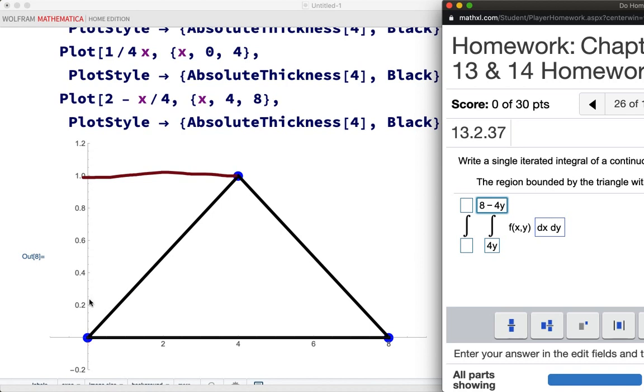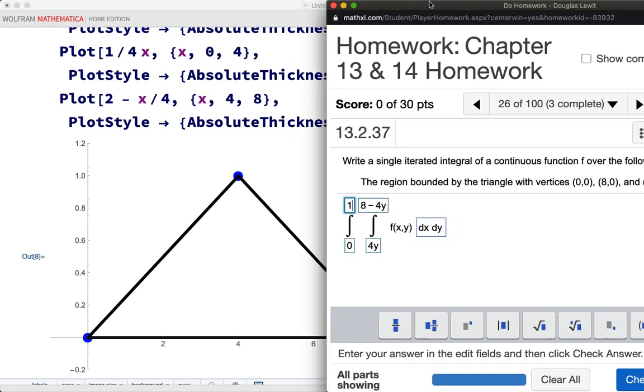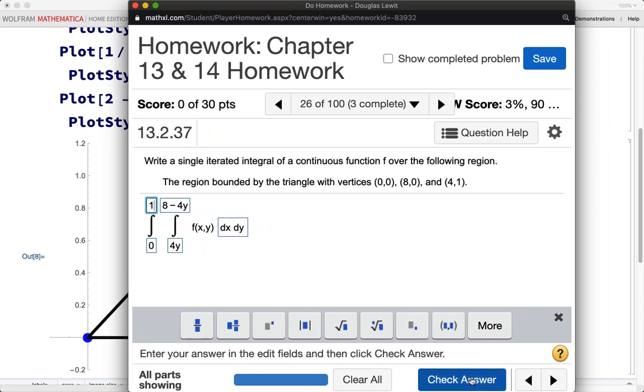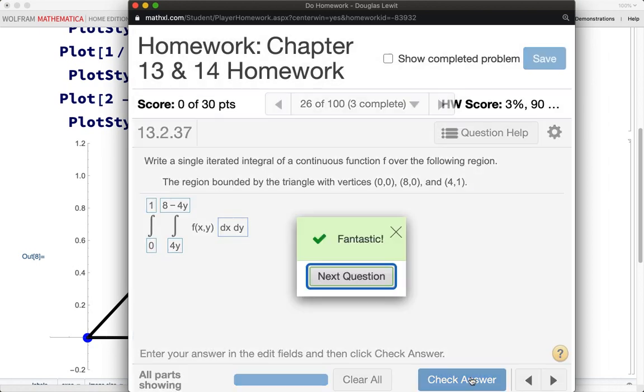Very easy to figure that out. So my lower limit has to be 0, and my upper limit has to be 1. Now let's see if that's correct.